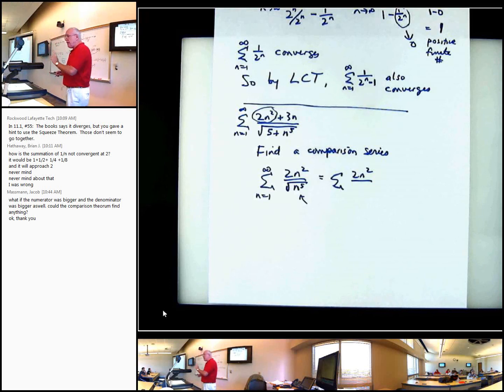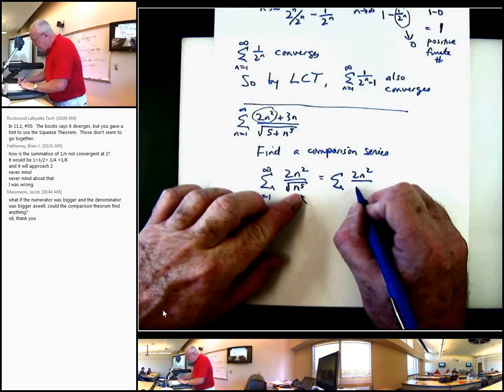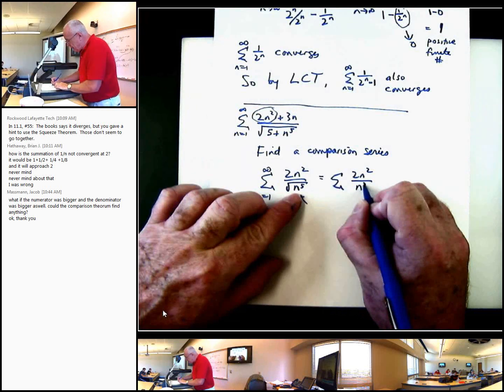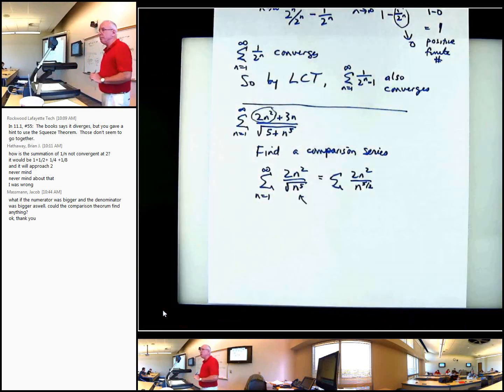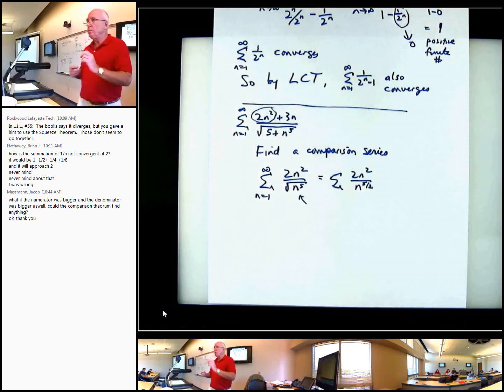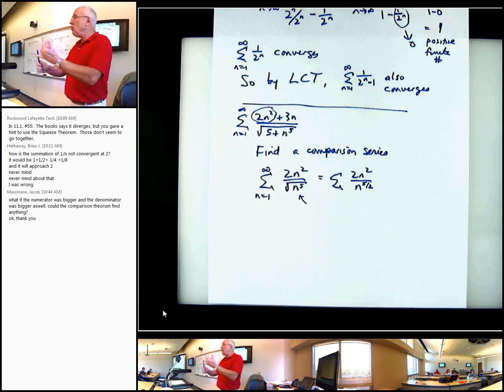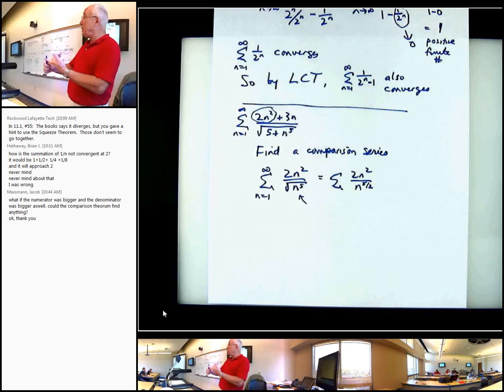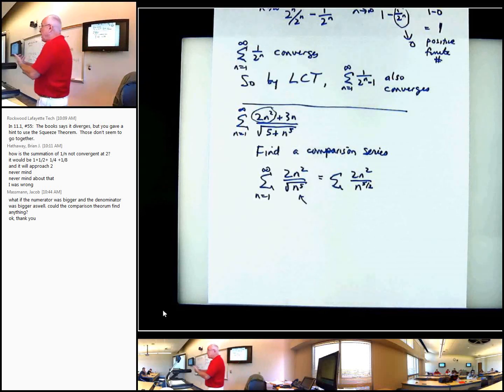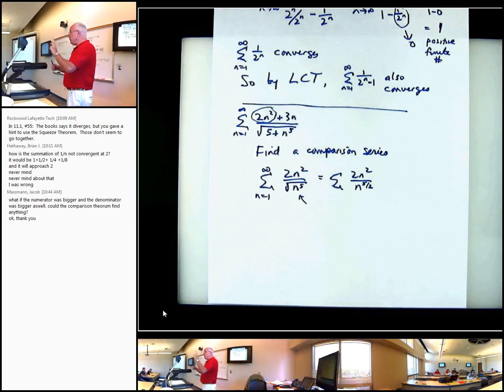Yes, 5 halves, right. N to the 5 power divided by 2. Hopefully we remember this from intermediate algebra. You put the power on top, the root on the bottom. So the power is 5, that goes on top.